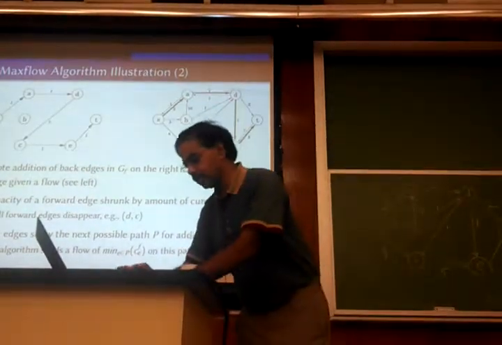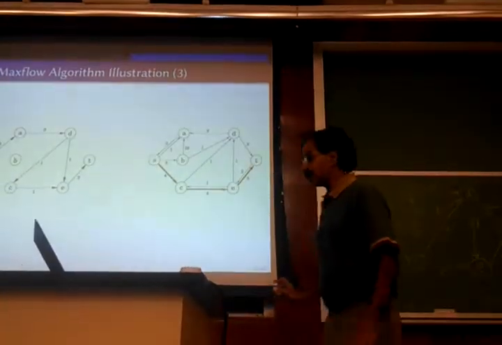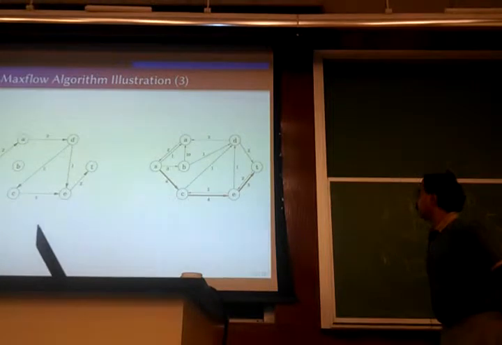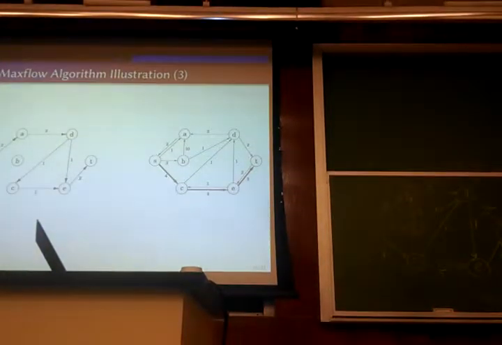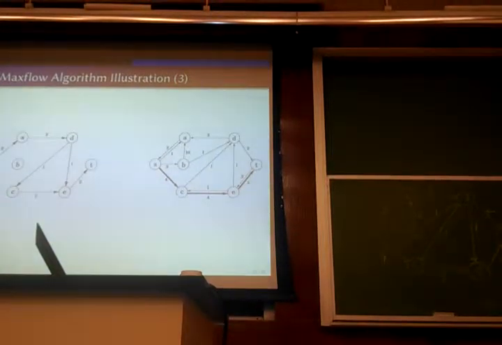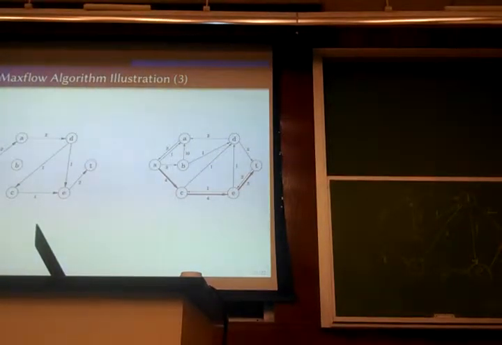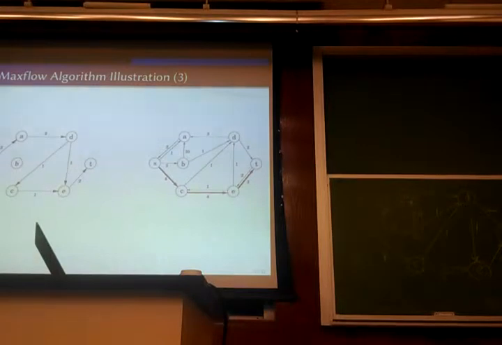So this is what you're going to see on the left. So you can see that the edge from E to T, as well as the edge from S to A and A to D, those have increased from 1 to 2, and everything else remains the same.